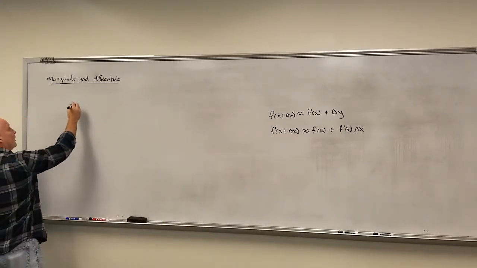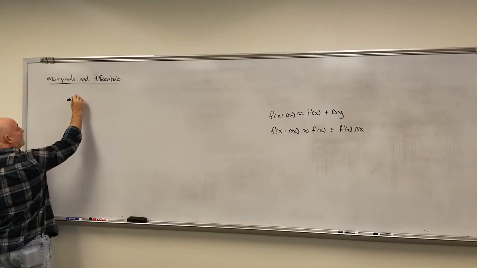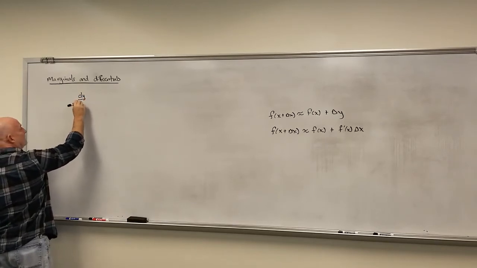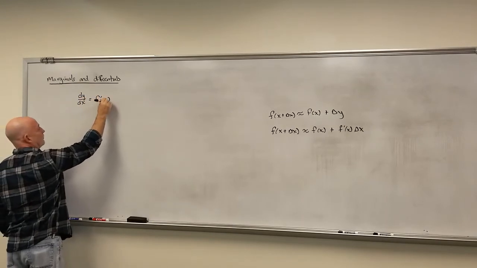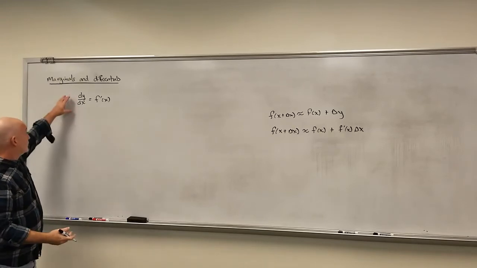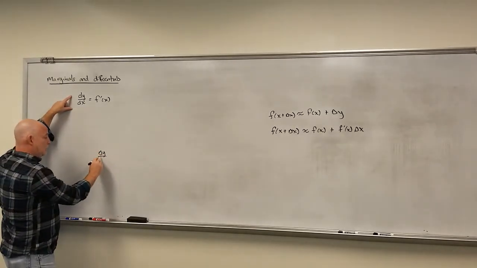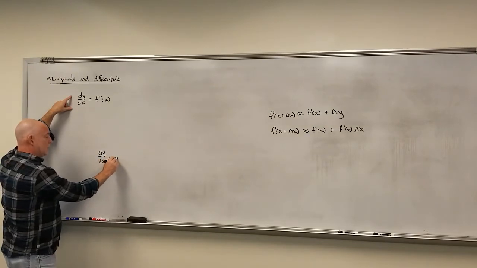But here's another idea. We saw in the past that dy dx was f prime of x. Right, those are just our two different notations. Now notice, this looks almost exactly like what I had on the board a second ago, right? Change in y over the change in x is equal to m, right?